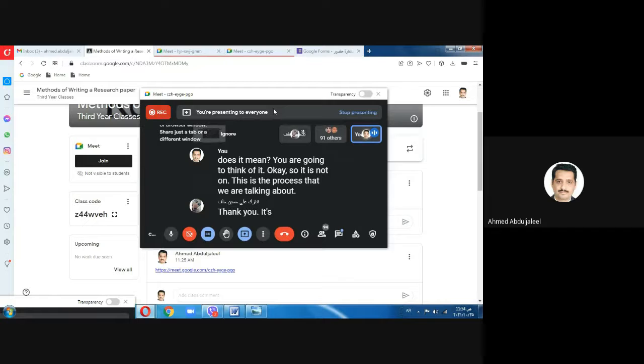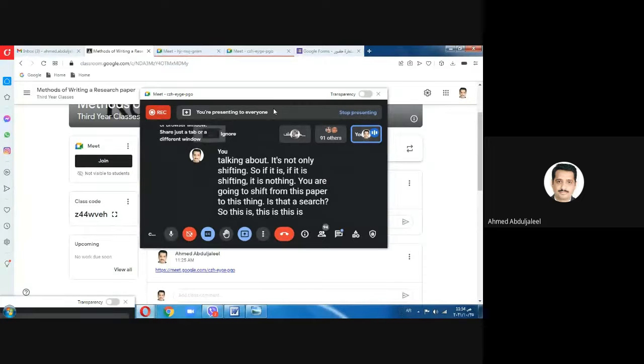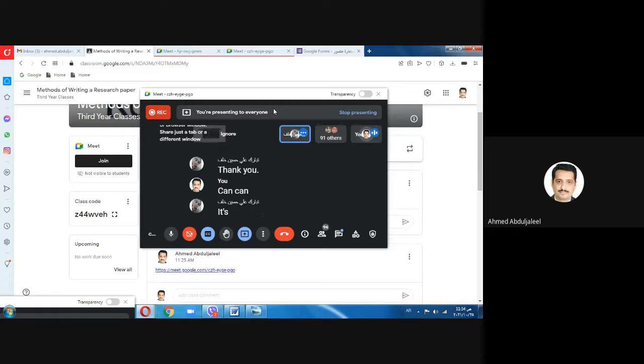It's not only shifting. If it is shifting, it is nothing. You are going to shift from this paper to this paper. Is that a research? So this is what we need. As a research writer, we have to train our minds to think about the things that are found in resources. Can we agree with them? Can we argue with them? This is the idea.